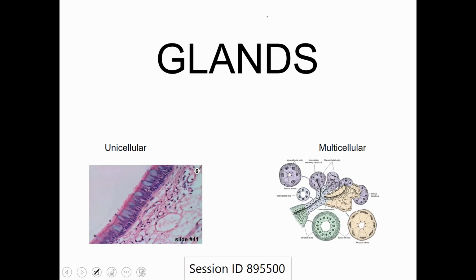Make sense? The exocrine glands also come in two flavors. One is unicellular glands, and the goblet cell is the best example. Here is the epithelial lining, and here are your goblet cells. These secrete their product right into the lumen. Those are unicellular glands, in contrast to multicellular glands, which we'll talk about in a second.